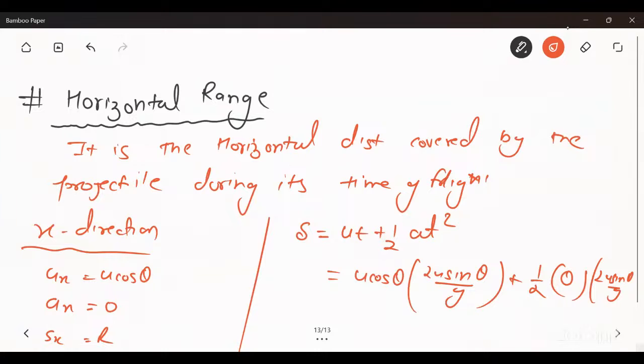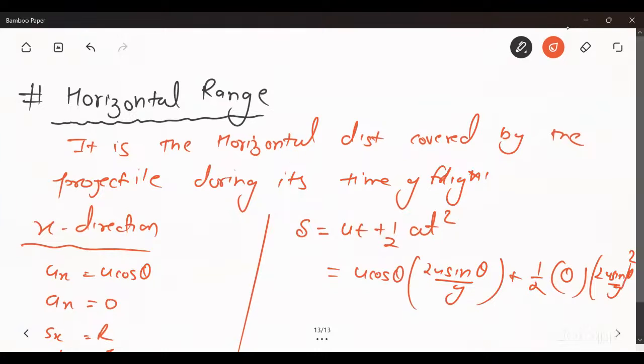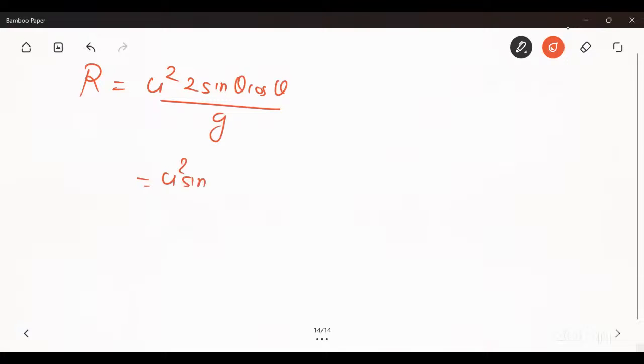Only this term will be left, which is R equal to u square 2 sin theta cos theta by g. So u square sin 2 theta by g is equal to the range.